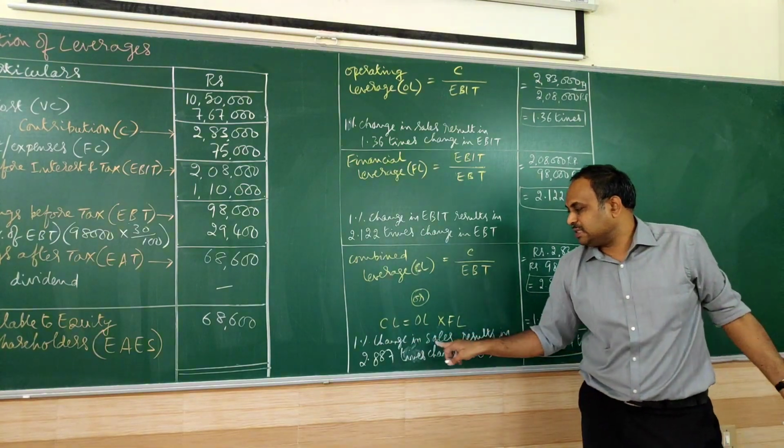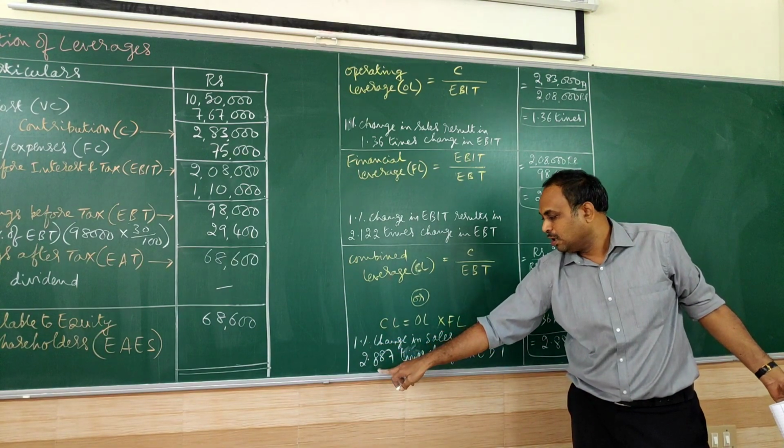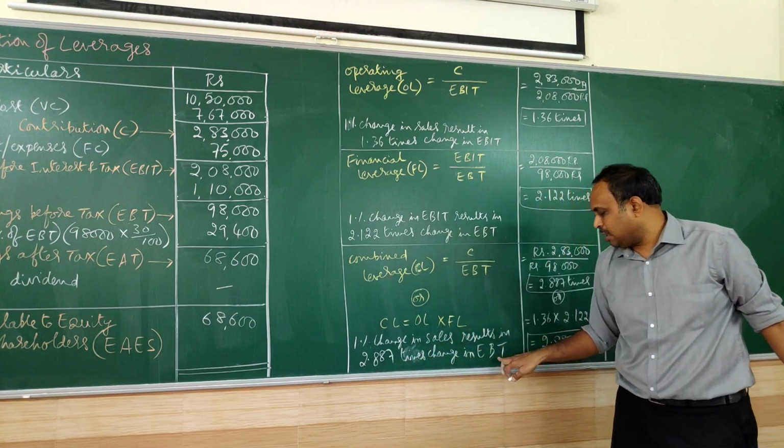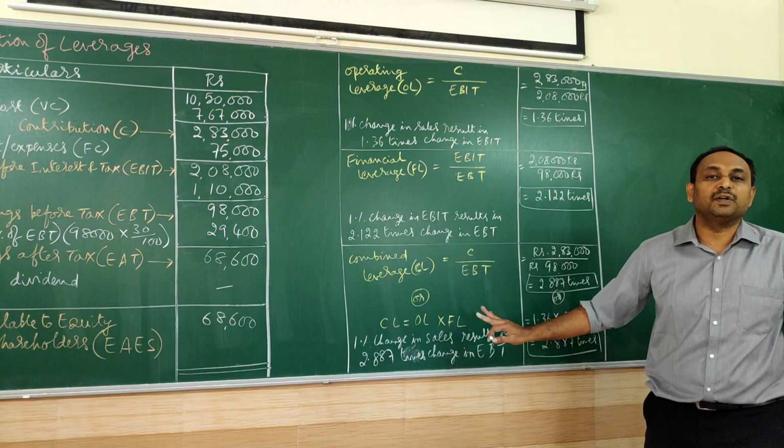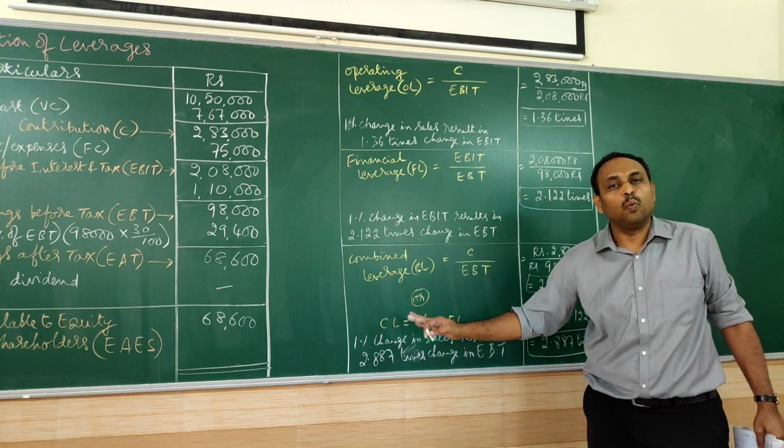So if sales increases by 1%, the total effect on EBT will be 2.887. This is also good for the company because it is more than 1%.